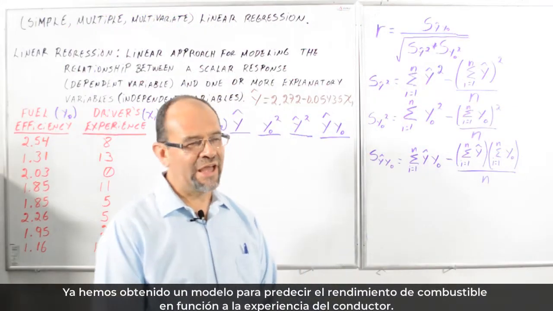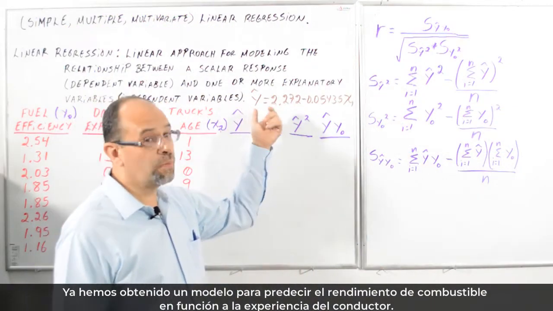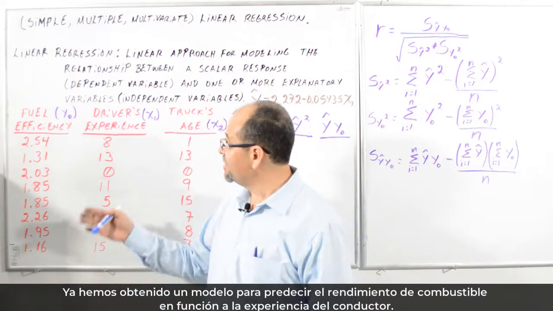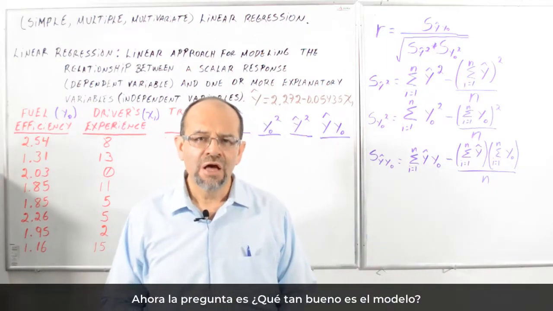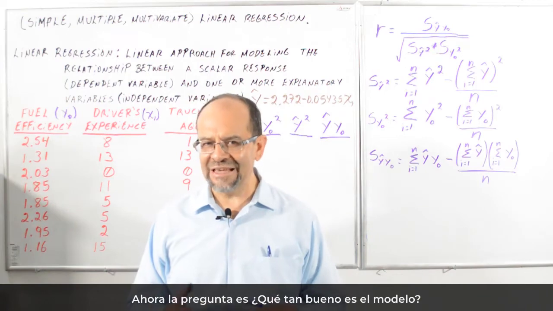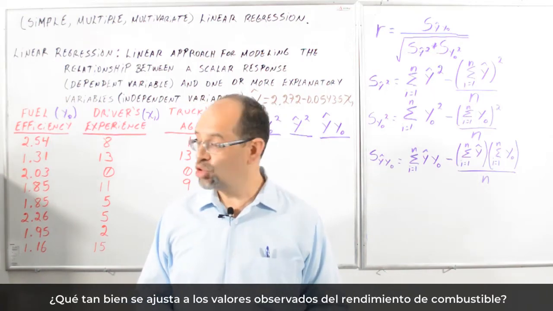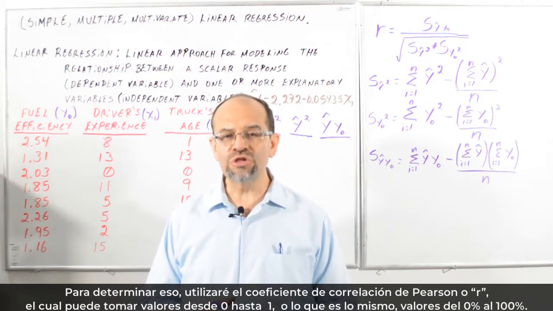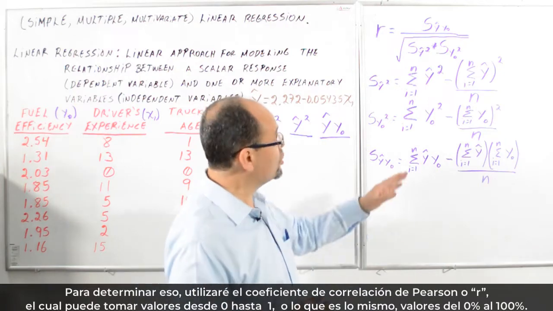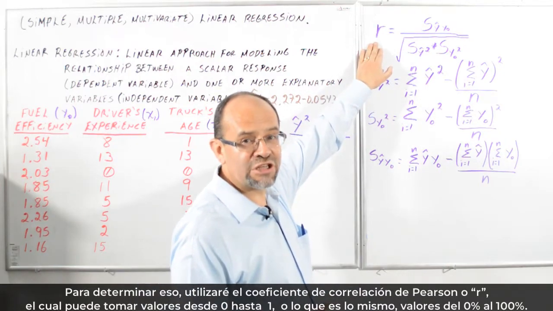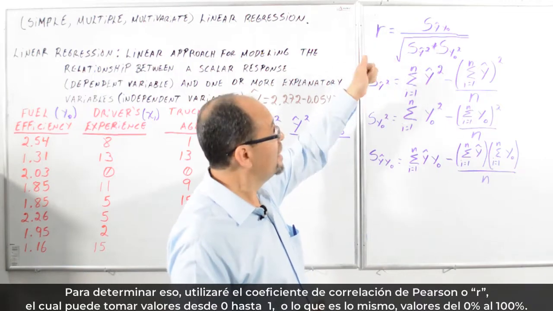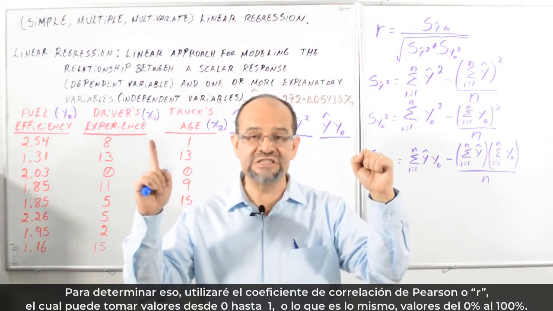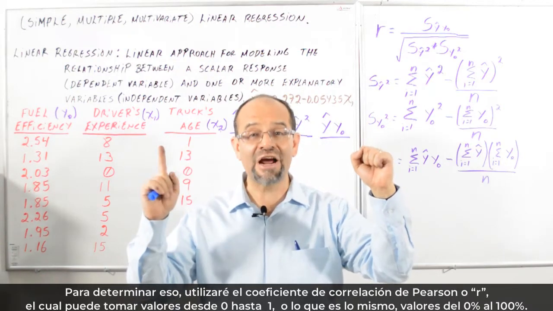We have already obtained our model to predict the expected fuel efficiency depending on the driver's experience. The question is how good this model is, how well it is fitting to the observed value, which is the fuel efficiency. In order to determine that, I will be using R, the Pearson coefficient of correlation. It can go from 0 to 1, or from 0% to 100%.